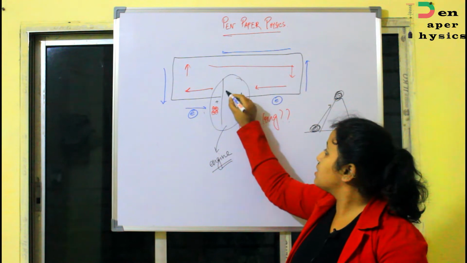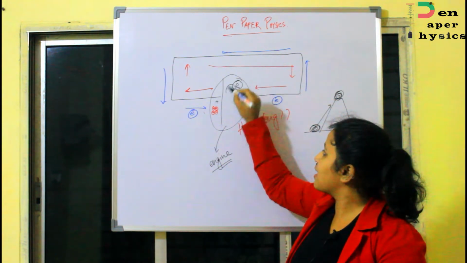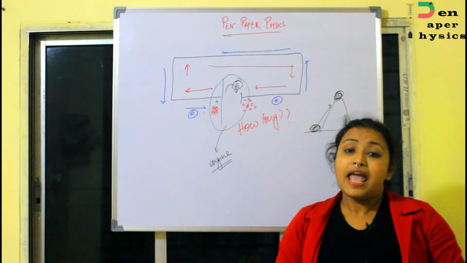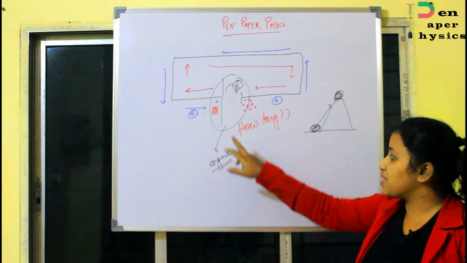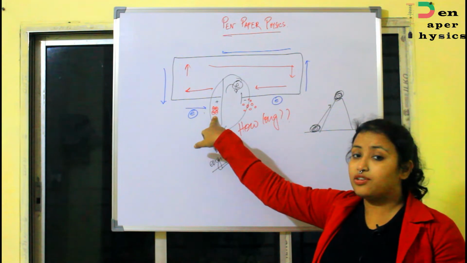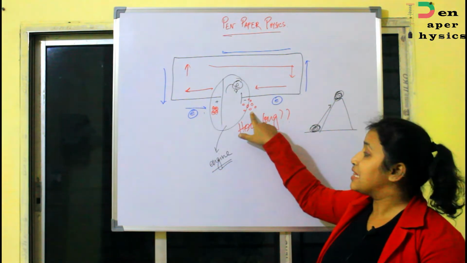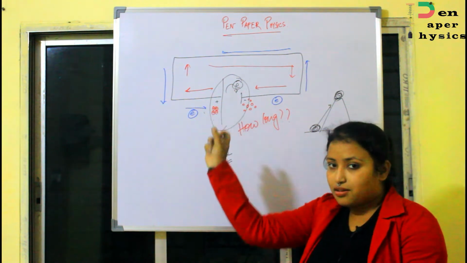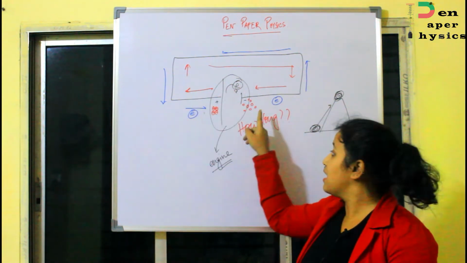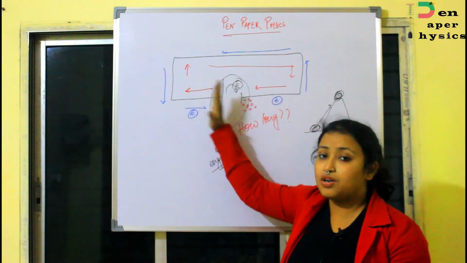The battery will transfer those electrons back again to the negative terminal against the force. Which force? Basically these positive charges will try to attract the electrons. Moreover, these electrons will try to repel the electrons. So they are attracting it towards this side, and electrons are also repelling it towards this side.